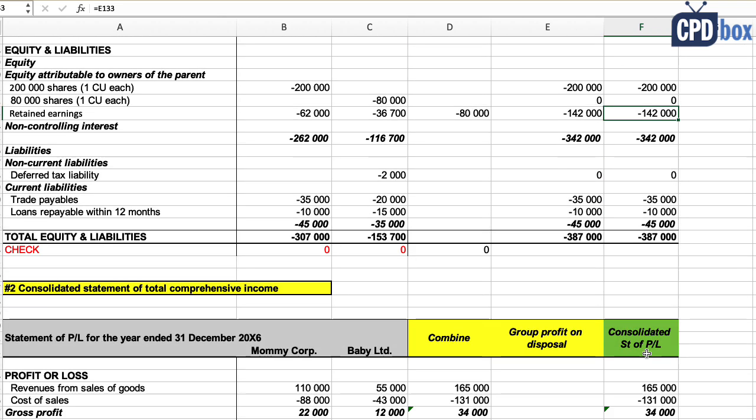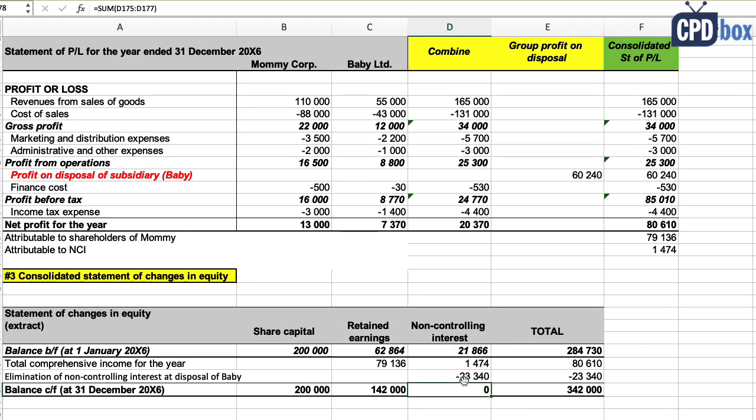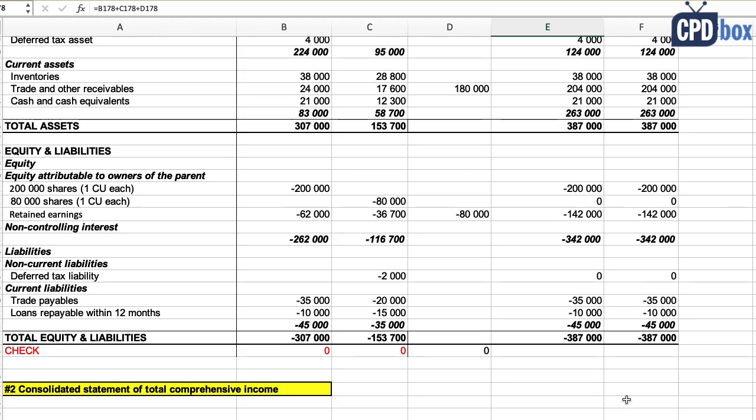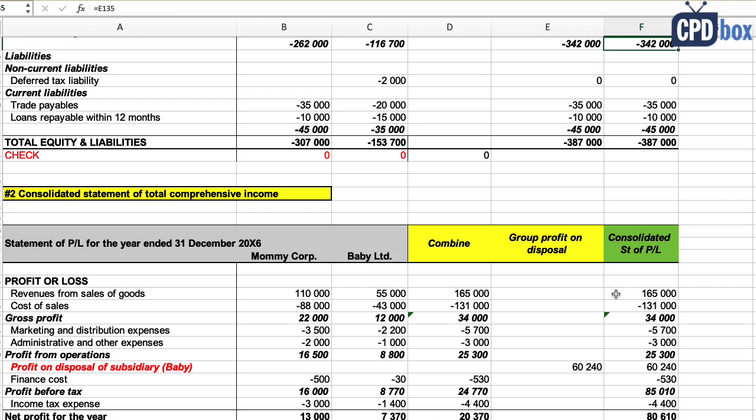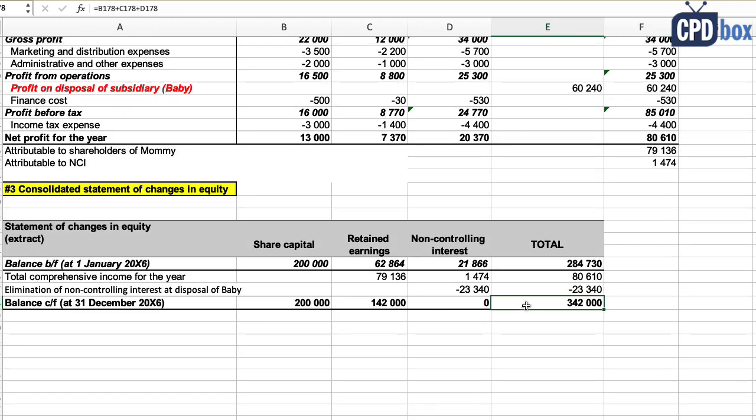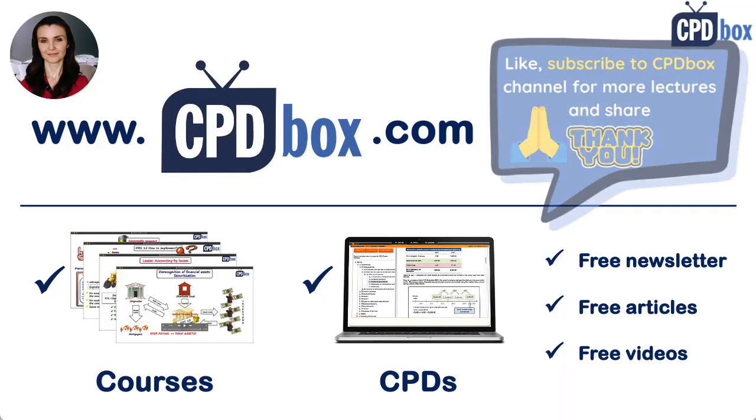You see? Great, all good here. Non-controlling interest is 0 because we have eliminated it. And the total of the consolidated equity is 342,000. Again, check that with your balance sheet. Great, all good. So this is it, full deconsolidation step by step.